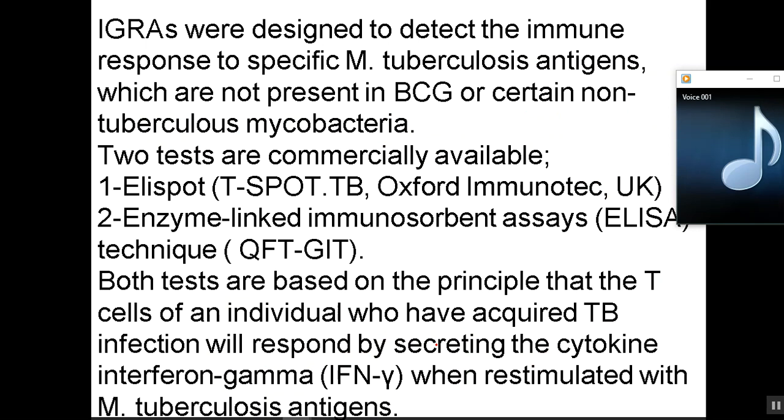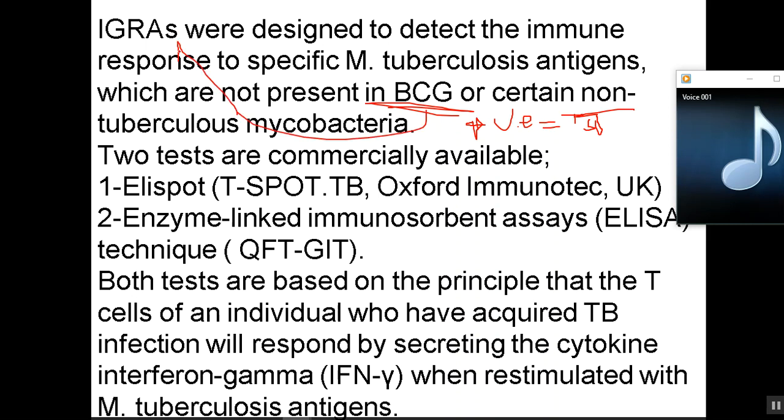we do the tuberculin test and one is positive, or both. So we cannot differentiate between BCG or old infection or new infection. The IGRA has been used for any person who got infection in the last period of infection by TB, where the T cell produces this interferon gamma.